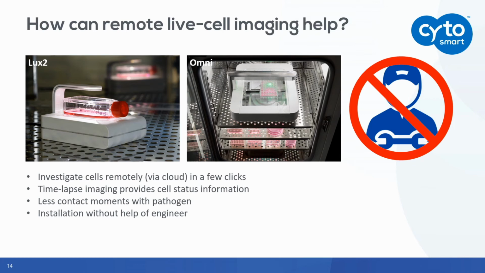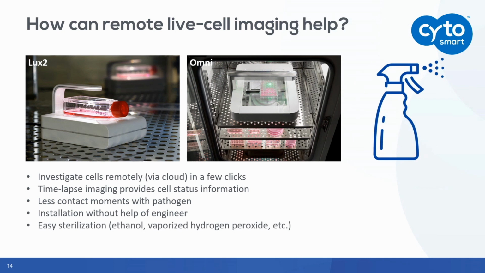And this is, of course, a very risky situation for both the engineer but also for people working in the lab because the engineer doesn't know how to work in these labs. So when you can install a device without the need of an engineer, this is a lot more efficient, but also saves a lot of time for them and also a lot less risk of things going wrong.